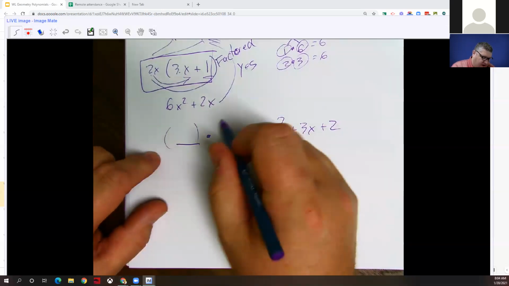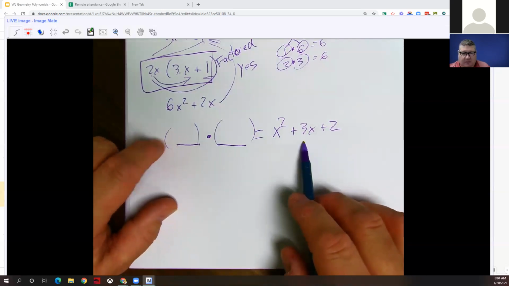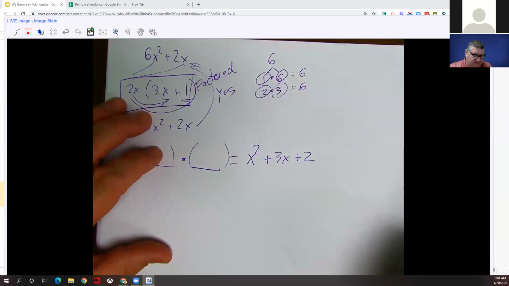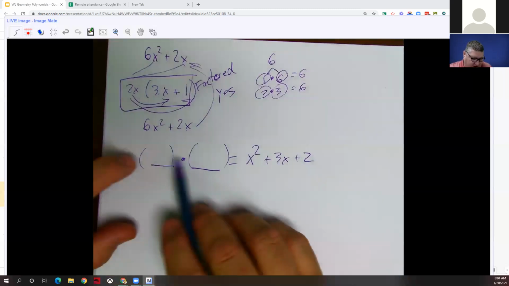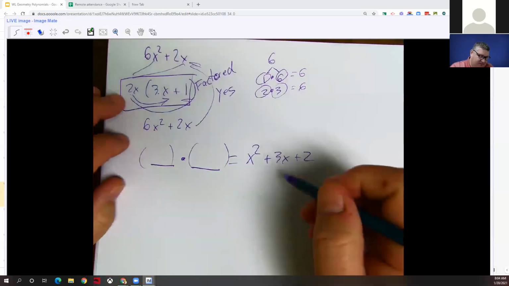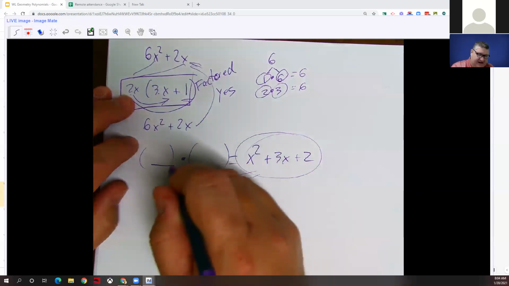What times what makes this? You say, I don't know. I was able to break up 6 into 1 and 6 and 2 and 3, but I don't know what that is. That's what we're going to be doing, guys. We're going to be trying to figure out how do I take this and break it back down.